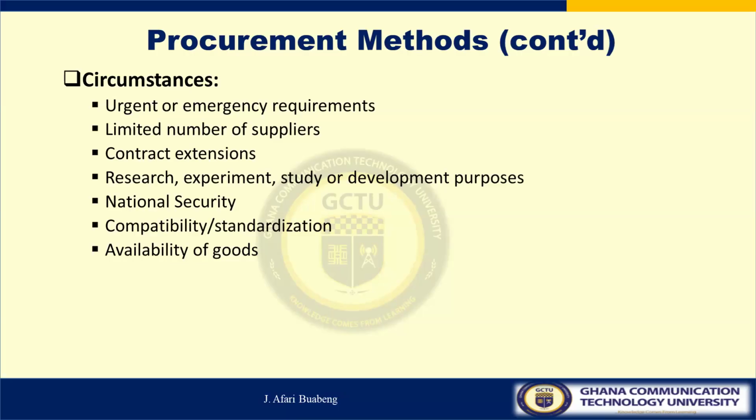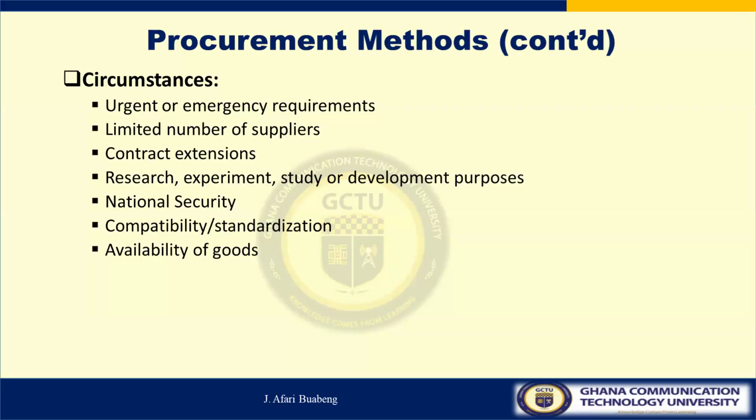And then the third circumstance will be what? A contract extension. You have already contracted a contractor. Project is ongoing perfectly. You are okay with the job done by the contractor. Initially, you wanted to construct, let's say, a 2-story. Work is progressing very well. And then along the line, you realize that no, you can go 1 extra floor or maybe 2 more floors.